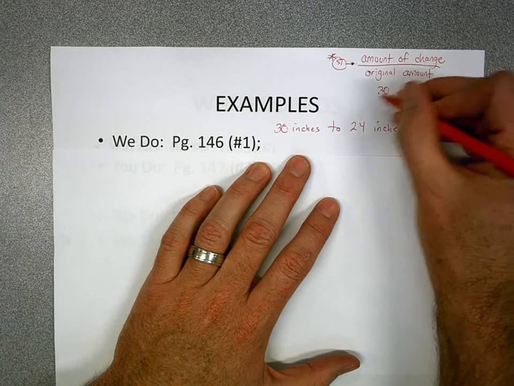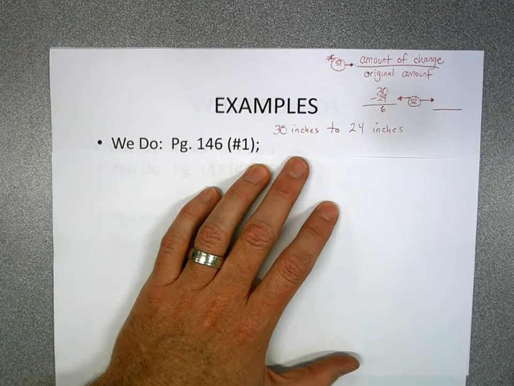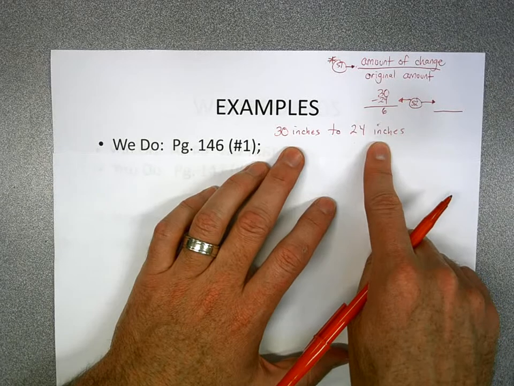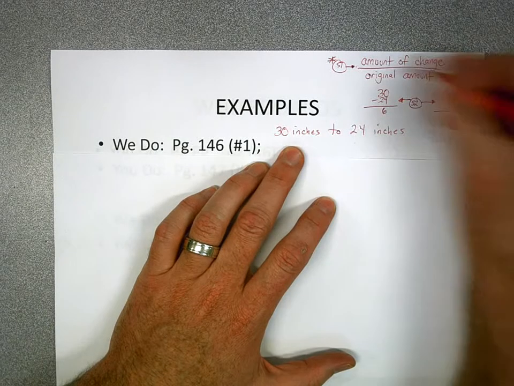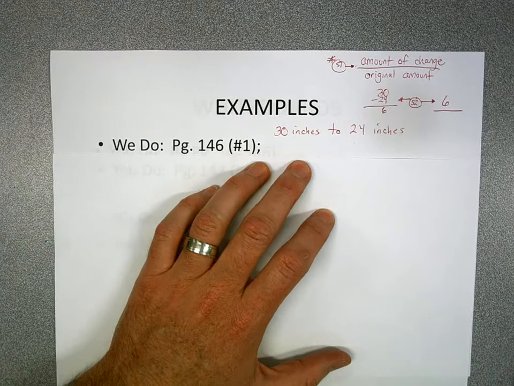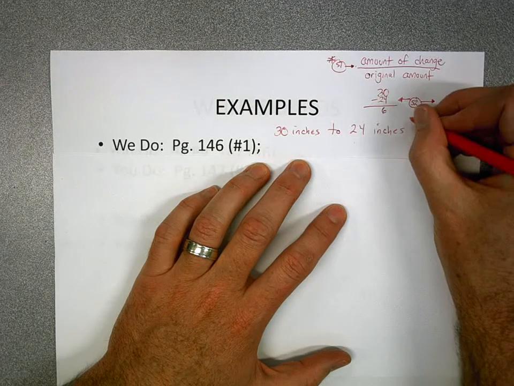All you're doing is subtracting the two. So the number of inches it changed was 6 inches. So we're going to put the amount of change, 6 inches, on top, 6.